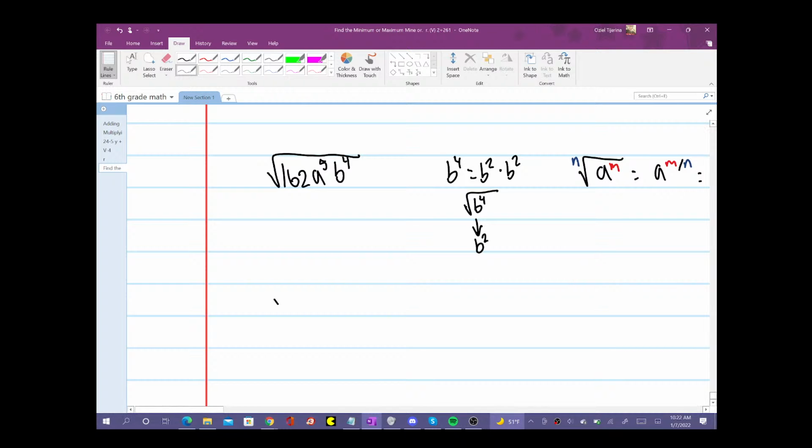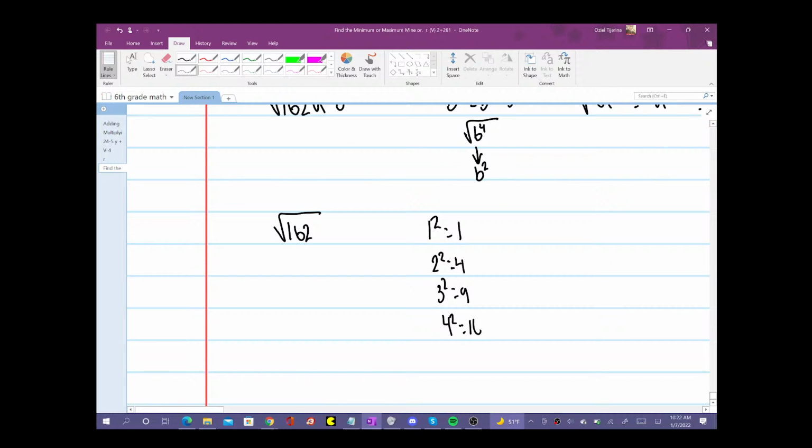So what about 162 though? I don't think we can simplify it any further, unless we do 1 squared equals 1, 2 squared equals 4, 3 squared equals 9, 4 squared equals 16, 5 squared equals 25.